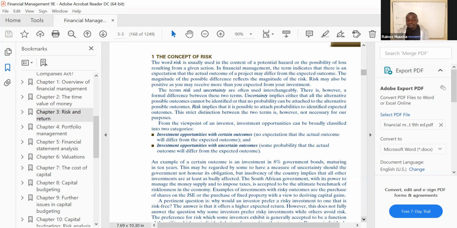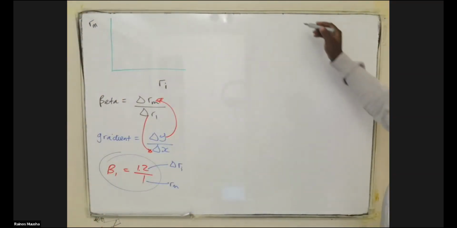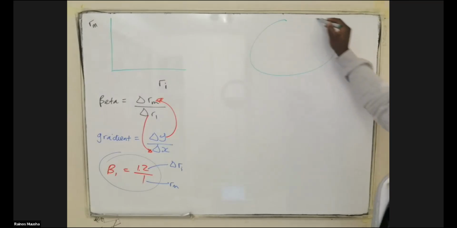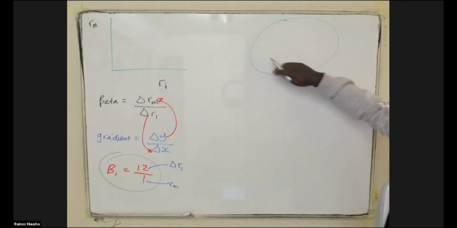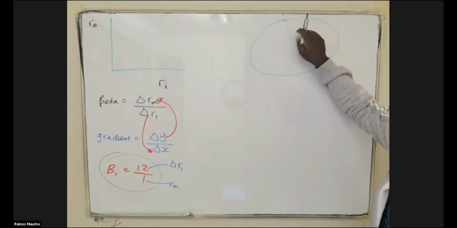So what does that mean? Risk is a subset of uncertainty, which means risk is basically an element of uncertainty. When you're looking at the concept of risk and uncertainty, uncertainty covers an infinite world of things that can possibly happen.